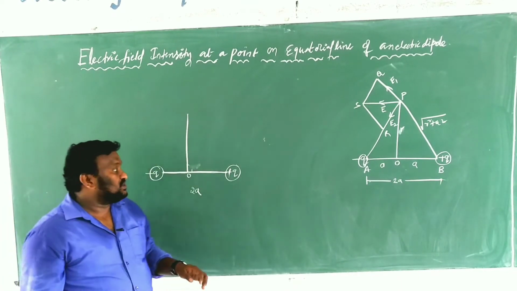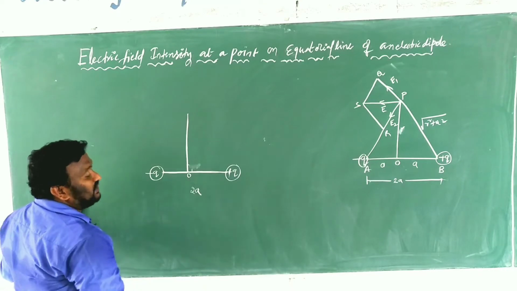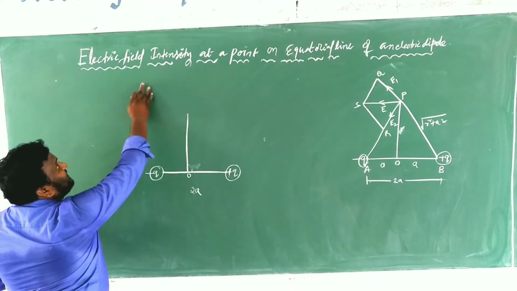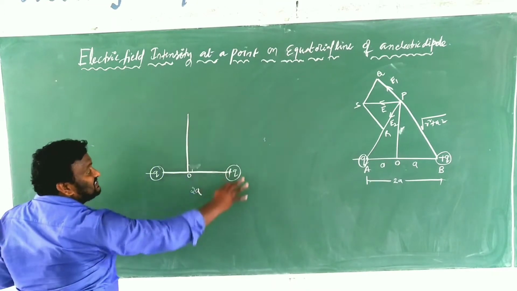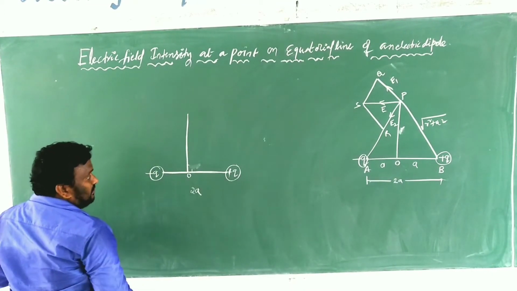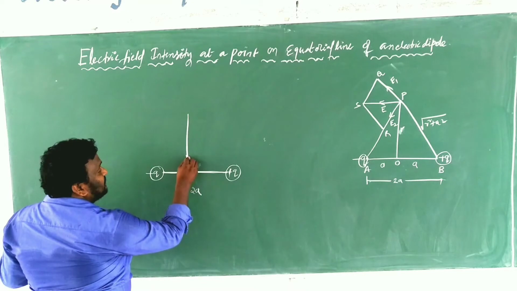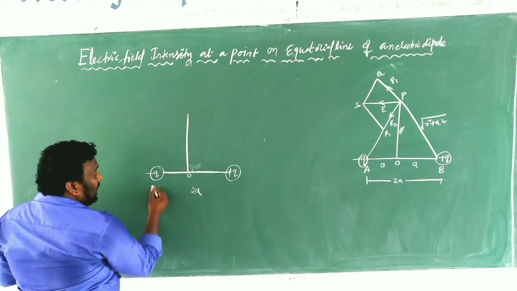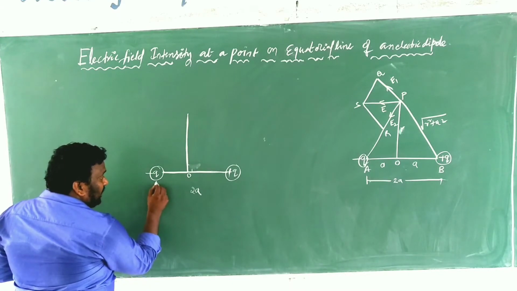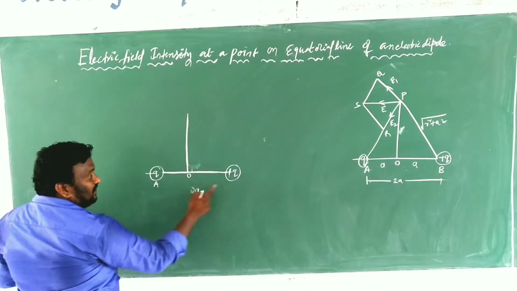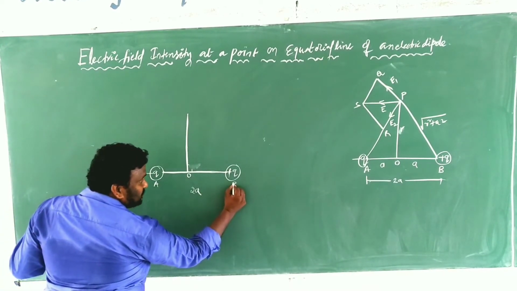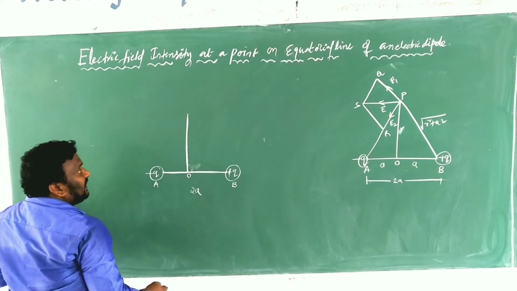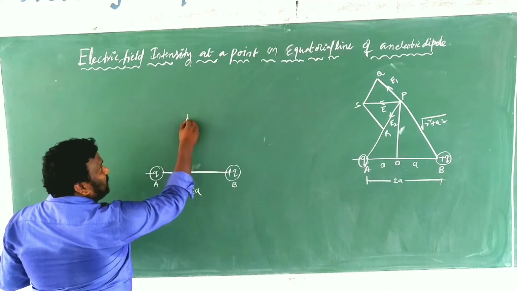Clear? Now, children, we are coming to the derivation. To derive the expression for electric field intensity, you must understand the diagram first. Here, this is the equatorial line OP, and minus Q is located at the position A and plus Q is at the position B, AB.